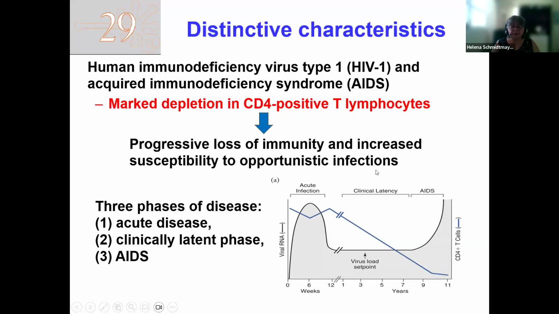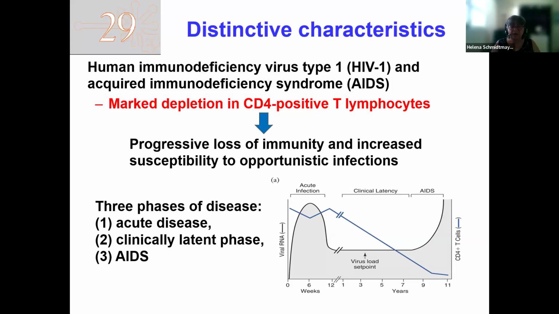Another distinguishing characteristic is loss of immune competence; respectively, not another, a major one. Okay, so keep in mind the major characteristic of HIV infection is marked depletion of CD4 positive T lymphocytes. HIV also infects macrophages because they express the CD4 receptor as well as chemokine co-receptors. However, macrophages are not killed.